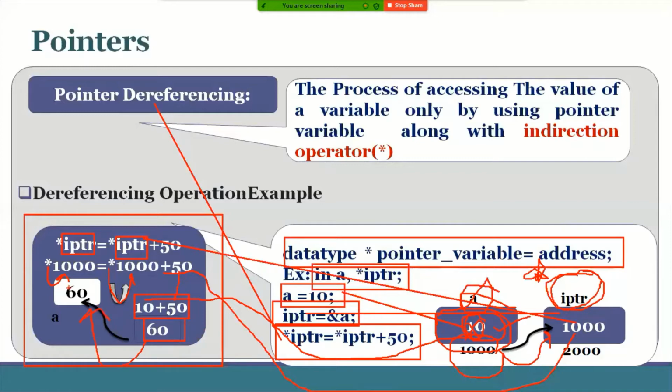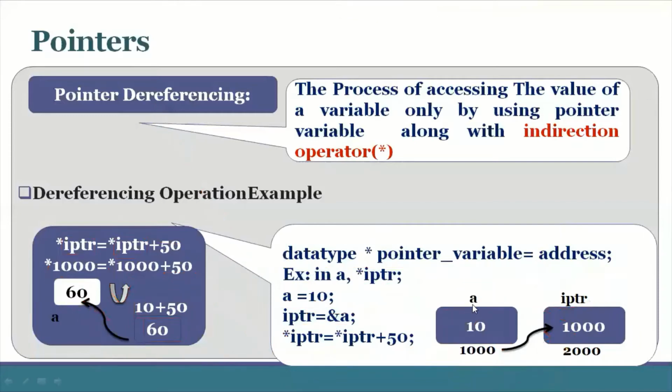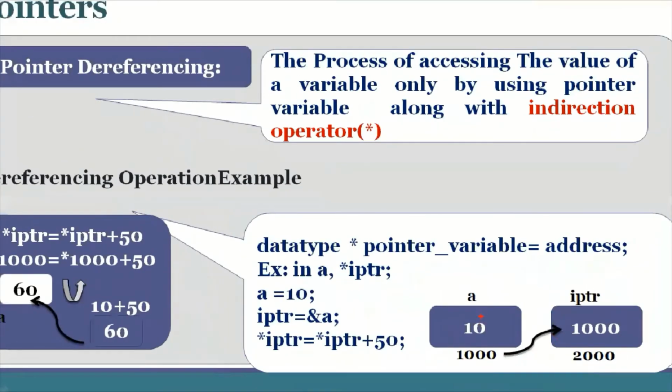So the previous 10 is replaced with 60. That 60 is stored in the variable A. So the A value, previously 10, is now replaced with 60. This process is called the dereferencing operation.